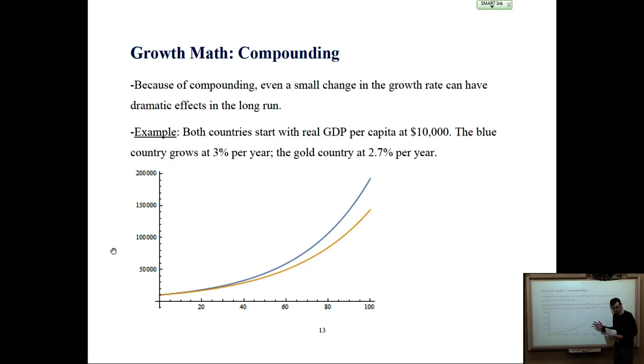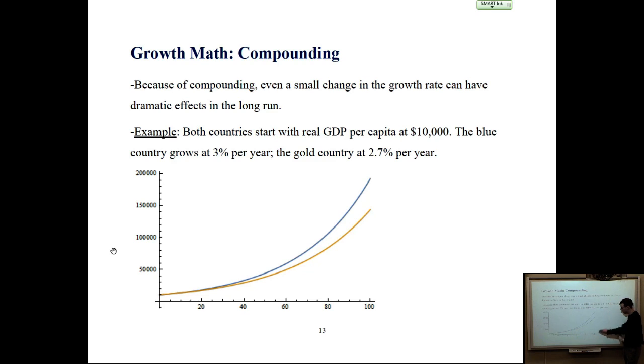Now, because of compounding, it can actually matter quite a bit over the long term. For a while, you see these countries are pretty much identical in their real GDP per capita. But over time, that compounding has a larger and larger effect, and these curves really diverge.